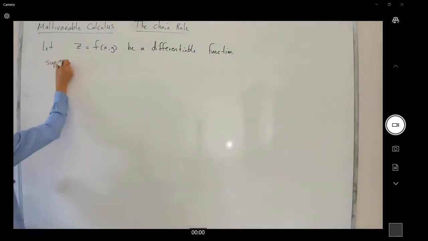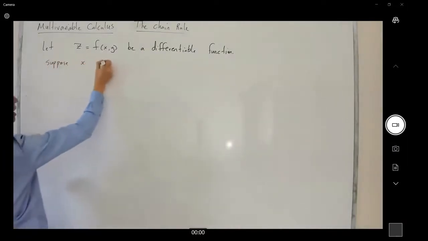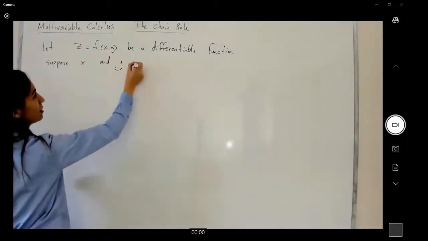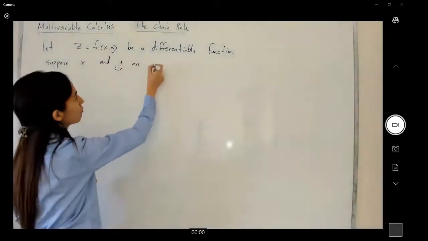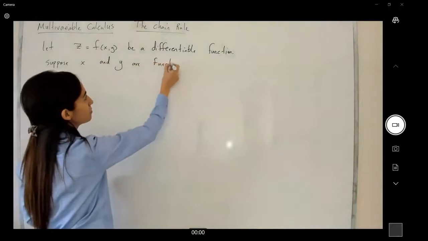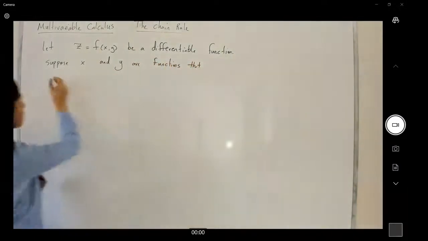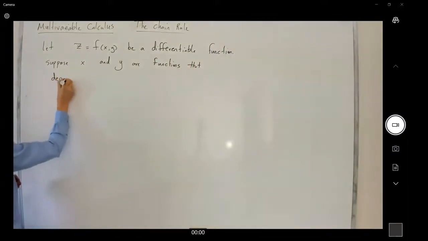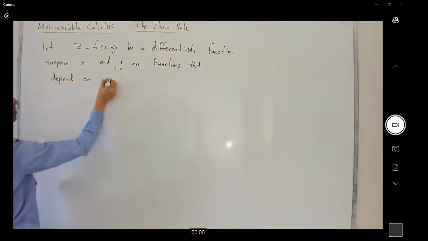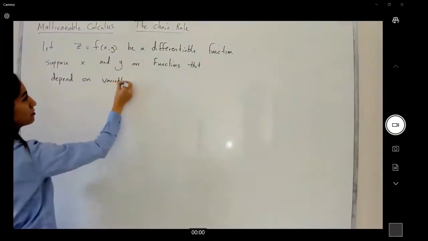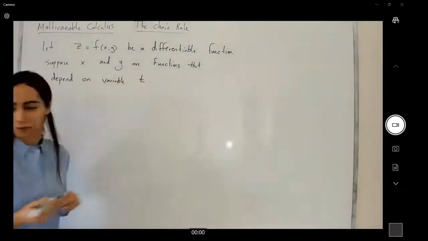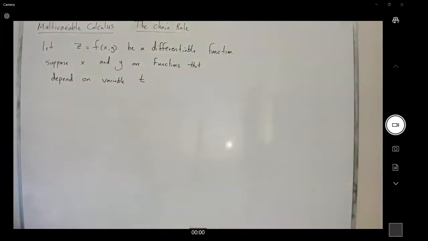Suppose x and y are functions that depend on a third variable like t. We can write it this way.